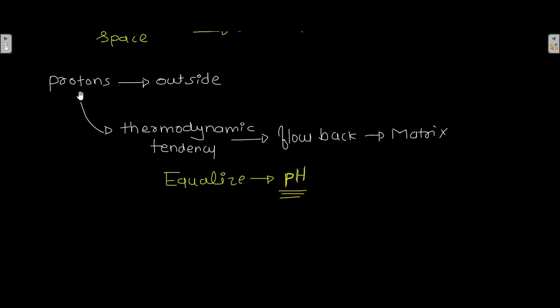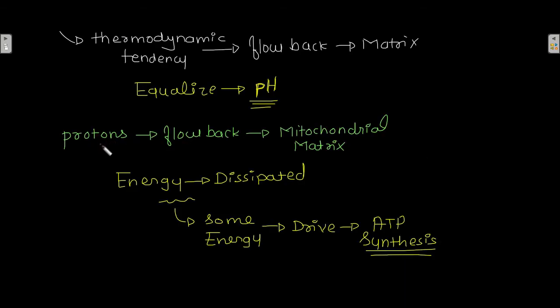Now protons present outside, in the intermembrane space, have a thermodynamic tendency to flow back into the matrix to equalize the pH. When protons flow back into the mitochondrial matrix, energy is dissipated, and some of this energy is used to drive ATP synthesis.